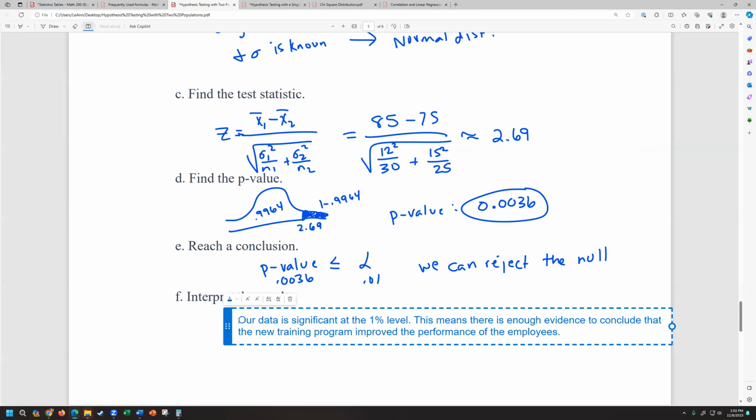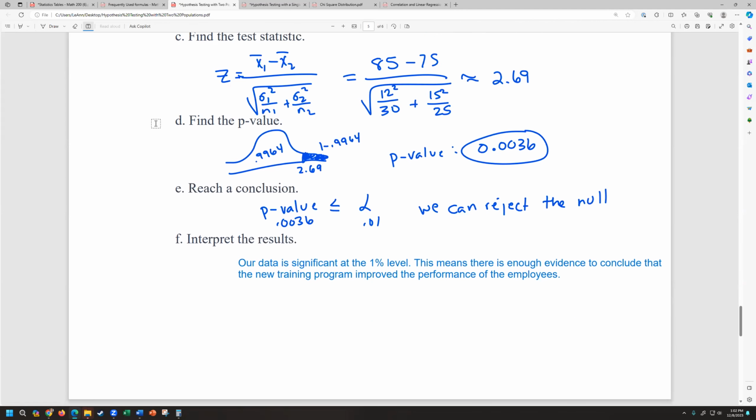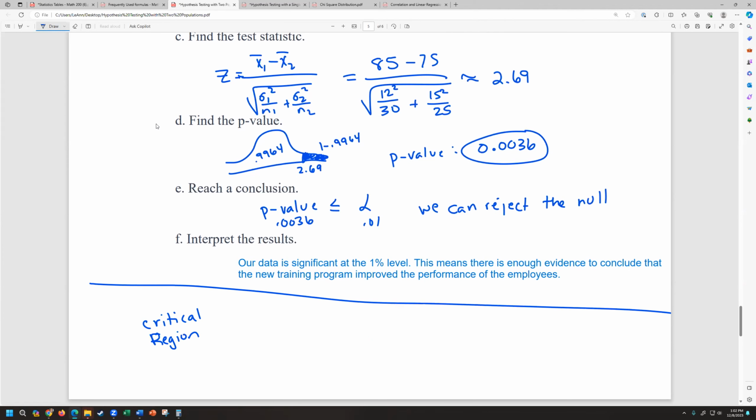Okay. Now, one other thing to note on this one, because all of the ones I've set up for YouTube are kind of p-value situations. Just for a second, let's talk about critical region. Just to remind ourselves about that process. This is just a little sidebar.